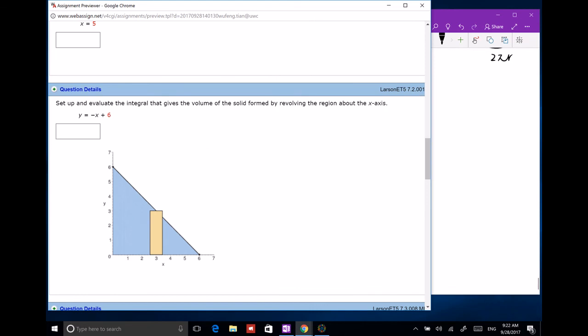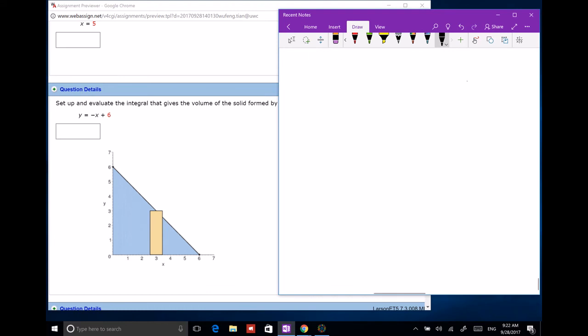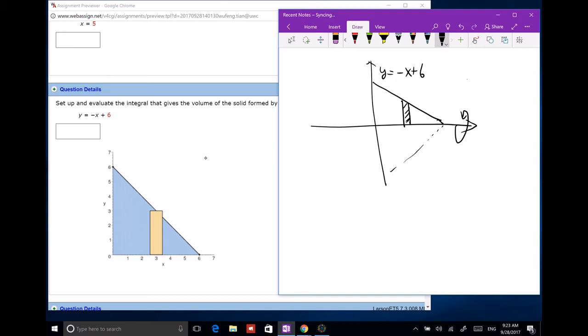Number 5: set up a definite integral that gives the volume of the solid generated by revolving the region about the x-axis. Since it says revolving about the x-axis, and you have y equals negative x plus 6, if you draw a picture, it's like this.